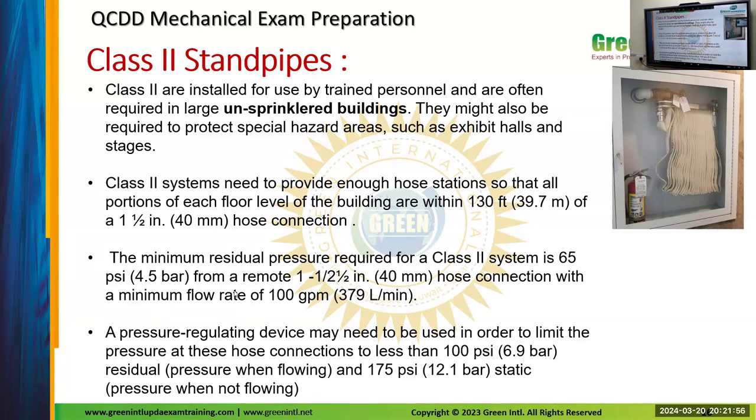The most remote riser, the last riser, must have 500 GPM and the last sprinkler must have a pressure of 100 psi. That is a design consideration we will consider before designing any of the structures.